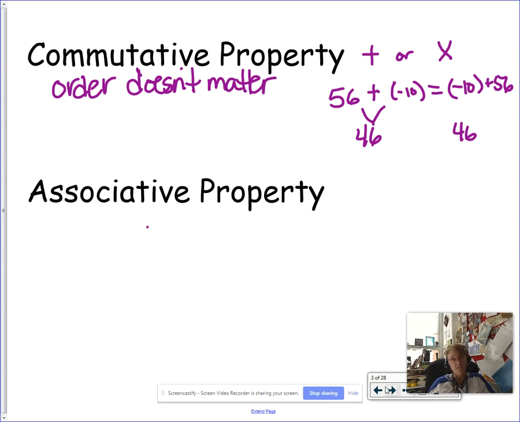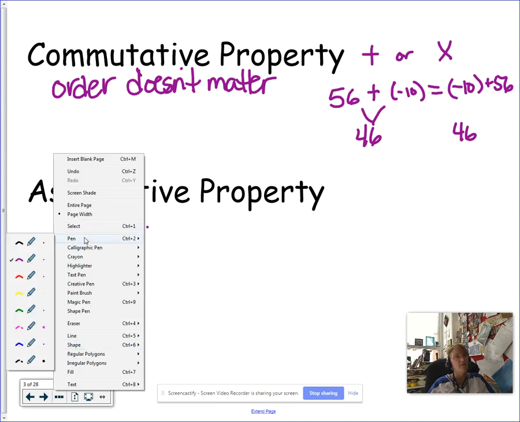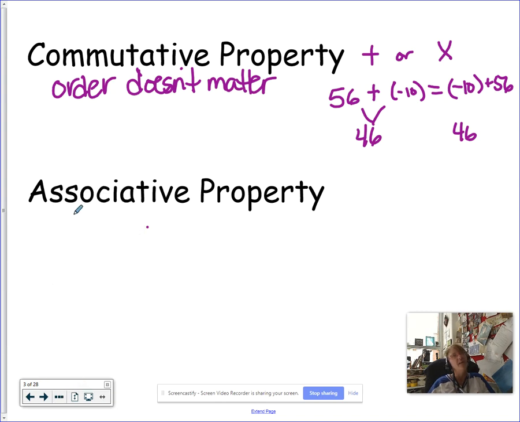The associative property, and I bet you've seen this before in 5th or 6th grade for sure. The associative property has to do with grouping numbers together. So I'm going to put parentheses there to help me think about grouping. And let's say I had a problem like this.